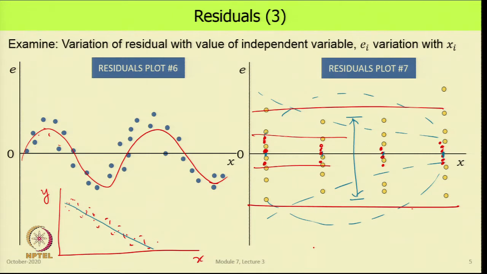So, all these plots of residuals bring us to a very important conclusion, which is that when we decide to do a linear regression, we should be pretty sure that this is what we should expect.